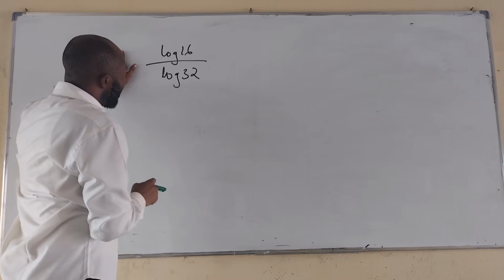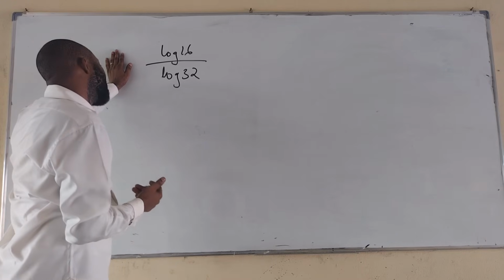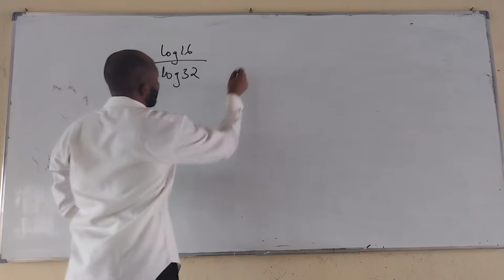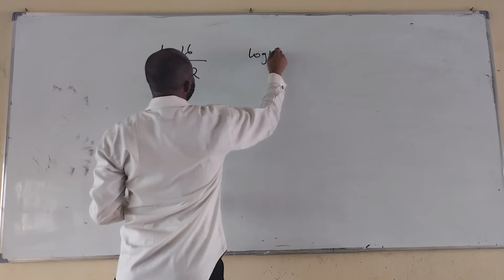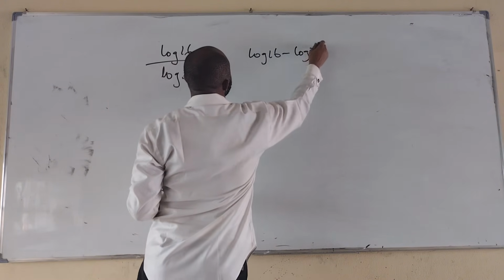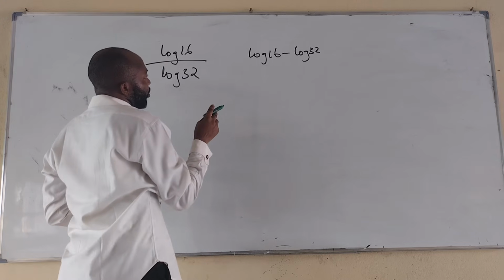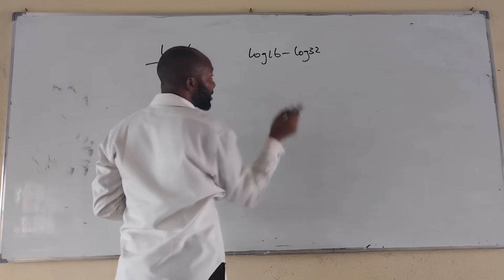From here, we have the principle of logarithm which states that we can have log 16 minus log 32, since it's the same base 10.